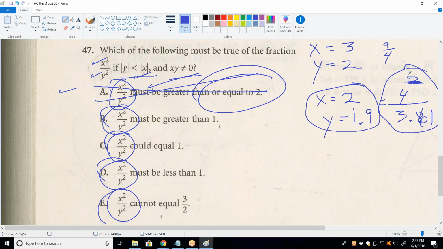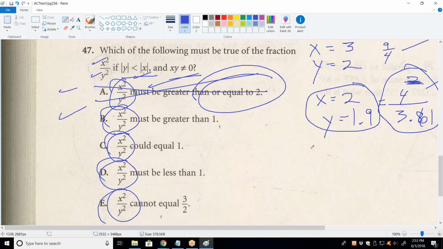Okay? Okay. B looks promising. It must be greater than 1. Well, that's greater than 1. That first one was greater than 1. Now, I don't need them to be positive. They could be negative.